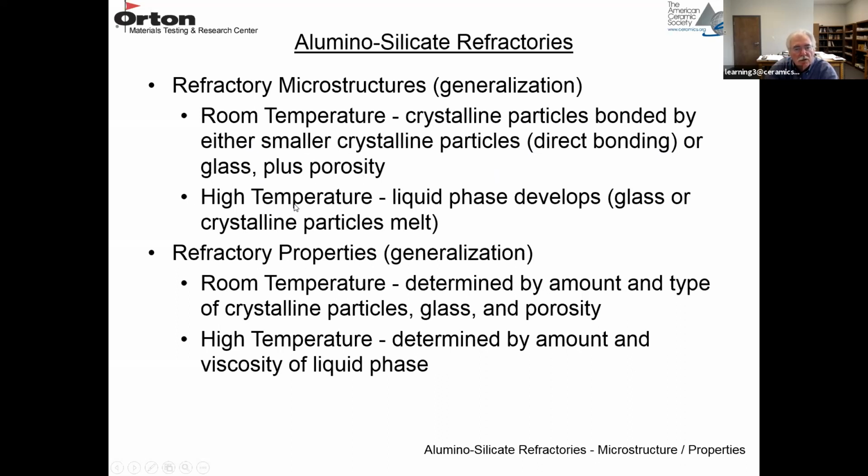So then when you increase the temperature to a use temperature, the microstructure is going to consist of a liquid phase. That's a glassy phase that's going to be separating or isolated between the other crystalline particles. So you're going to have a glass or crystalline particles melt that form this liquid phase.